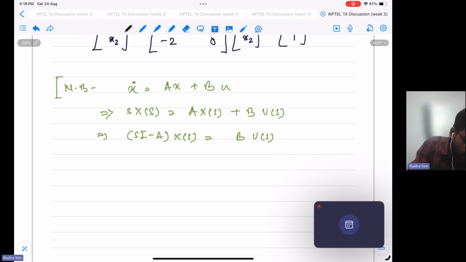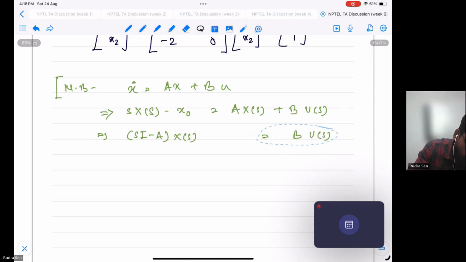Sorry, one mistake I made: consider that the system has initial condition x0. So this is x0 plus B U(s).